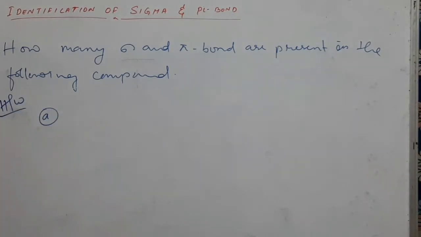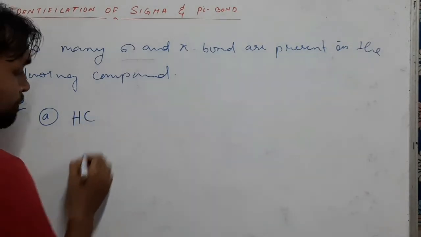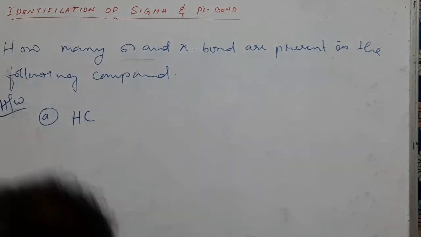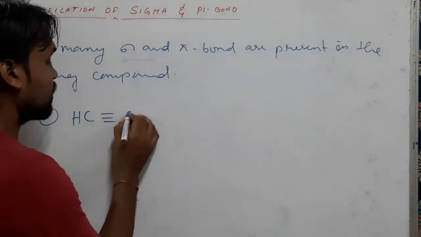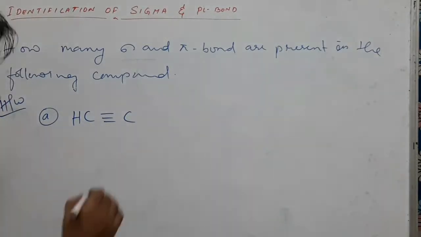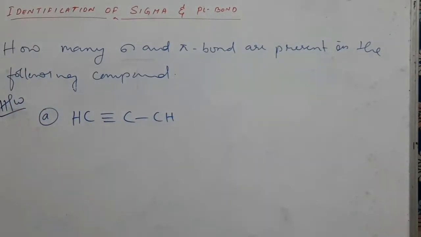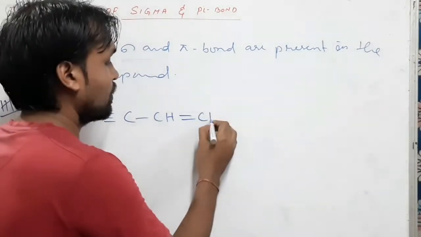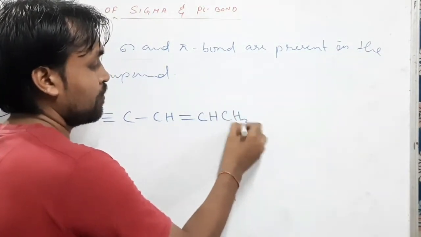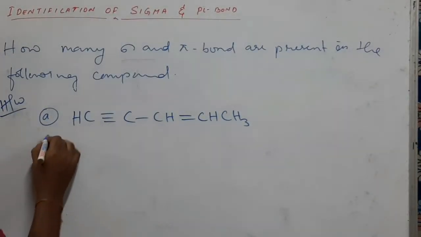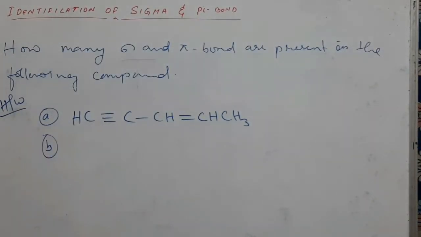Number A: HC triple bond C, CH double bond CH3. Okay, this is one question. Number B: C6H12.